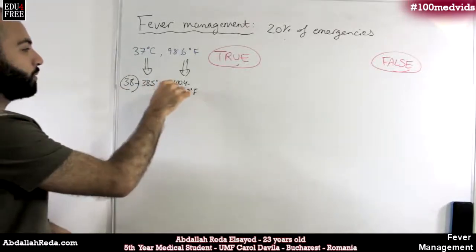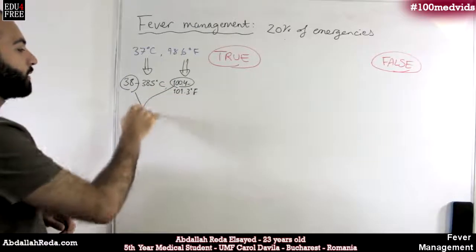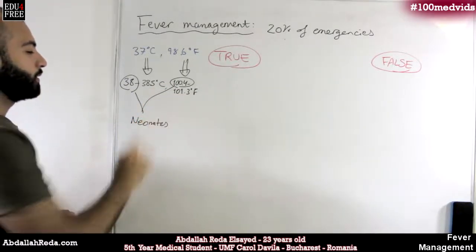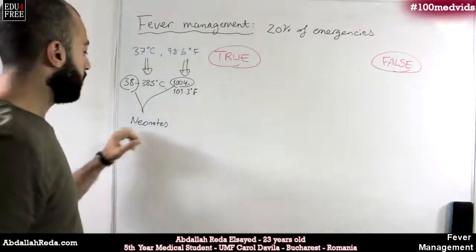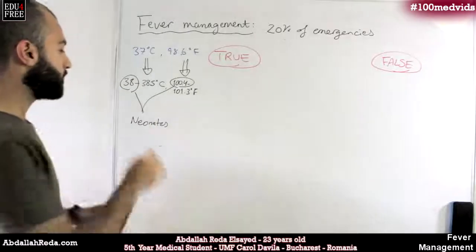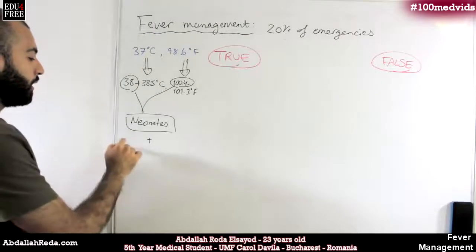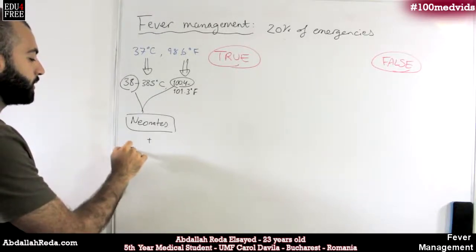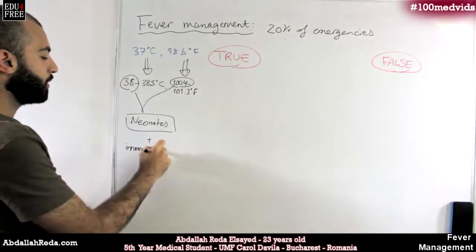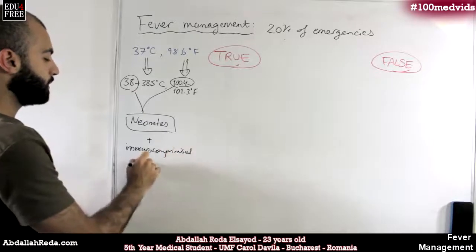38, that lower limit, would indicate that we have a fever in neonates, so newborns from the moment of birth up till 1 month of age, and immunocompromised patients.